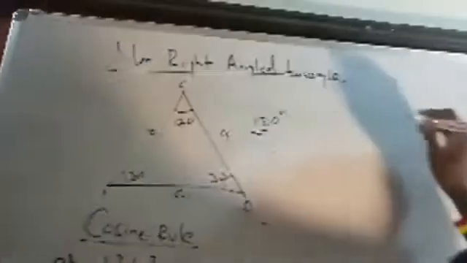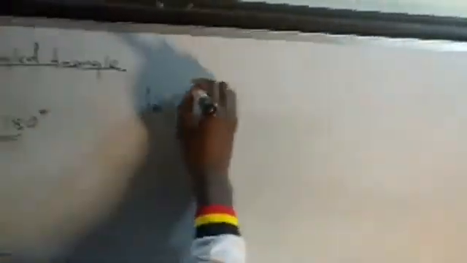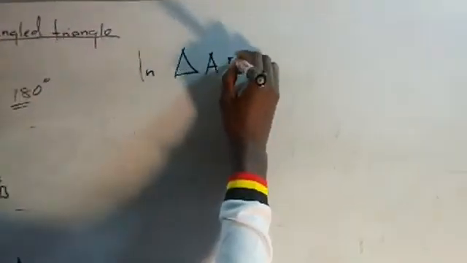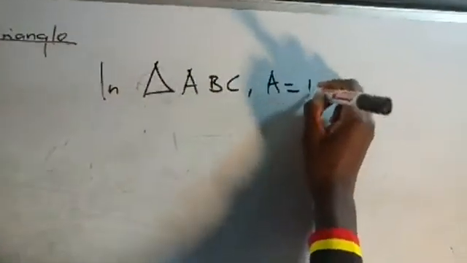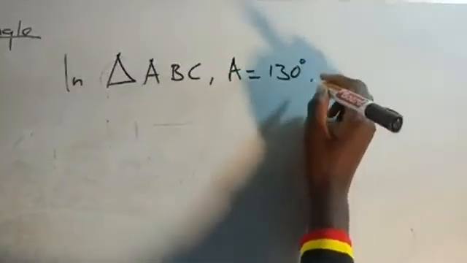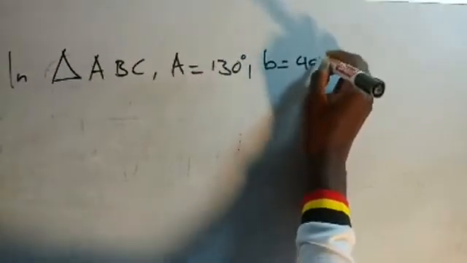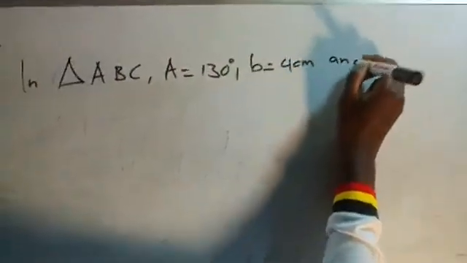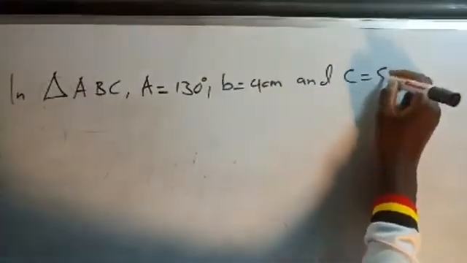This example here is like this. In a triangle ABC, A is equal to 130 degrees, b equals 4 centimeters, and c equals 5 centimeters.